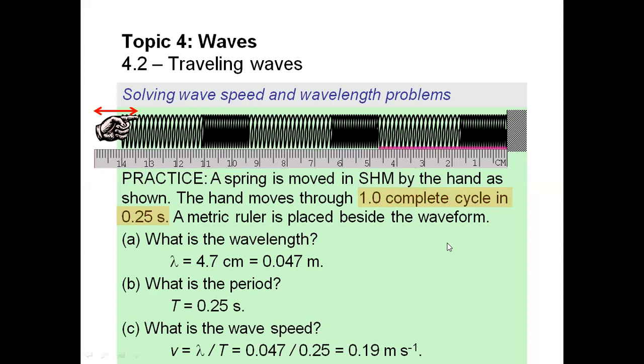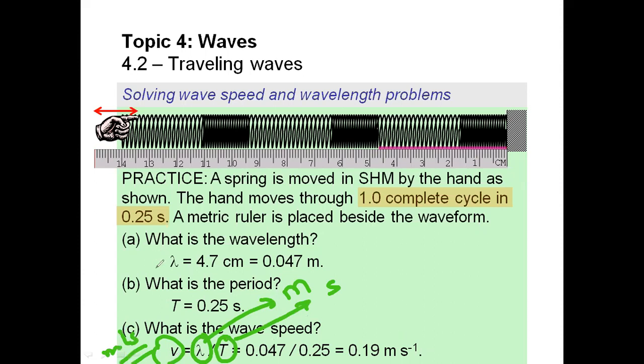And we should be careful about the units. The unit of lambda, wavelength, must always be in meter. And the unit of period, time, must always be in second. And the unit of speed is going to be meter per second. These units are important.